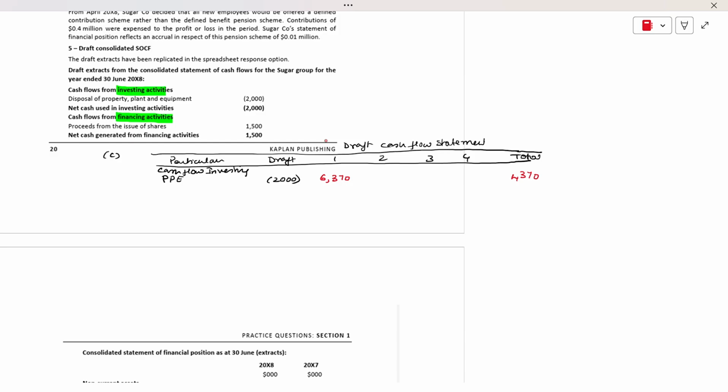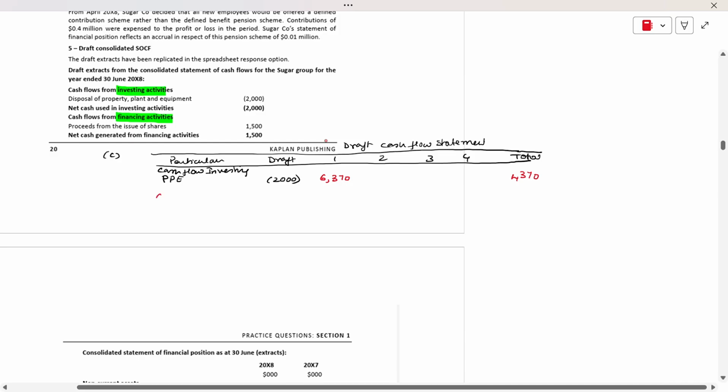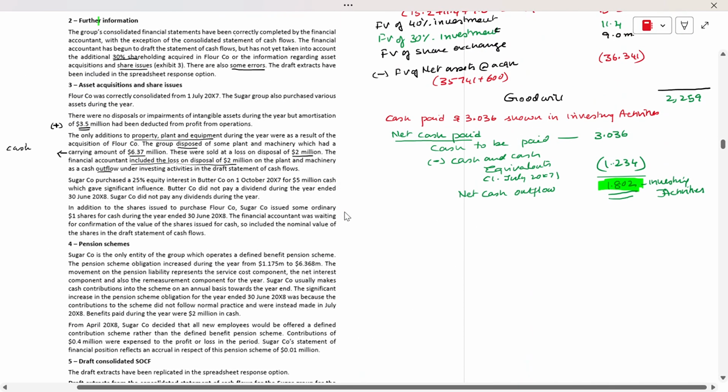Yeah, clear. Next, we have paid cash consideration. How much have we paid in cash consideration? We have calculated the cash consideration. How much is there? 1,802.